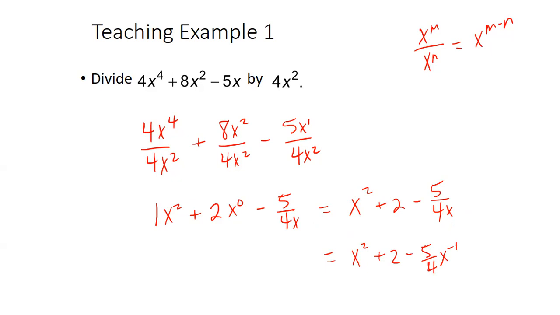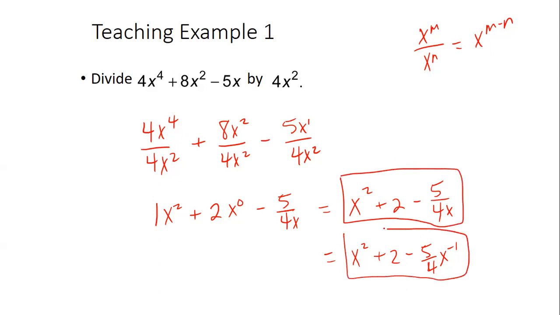If I want to make a negative power positive, I put it in the denominator. Do you remember that negative power rule? Okay, so either one of these is an acceptable answer. Yes? How do you feel about dividing by a monomial? Because this is the easy part of the lesson.